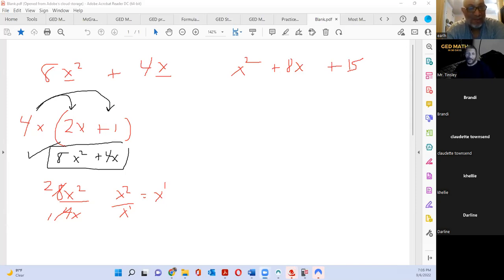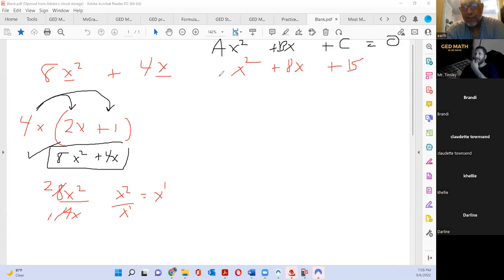Now again, they're probably going to ask you to factor a quadratic equation. The easiest way to factor a quadratic equation is when a is 1. What do I mean by a is 1? ax squared plus bx plus c equals 0.